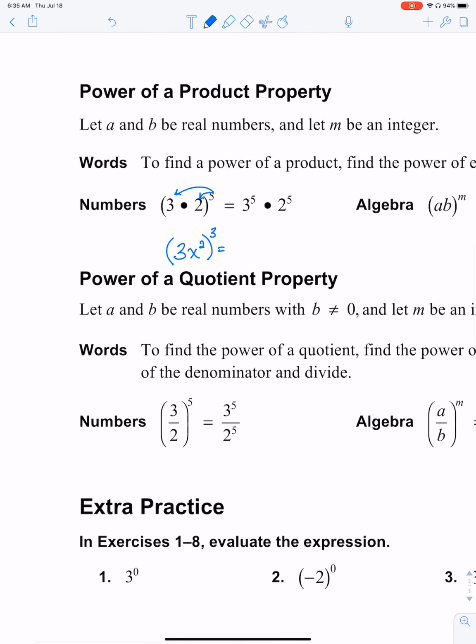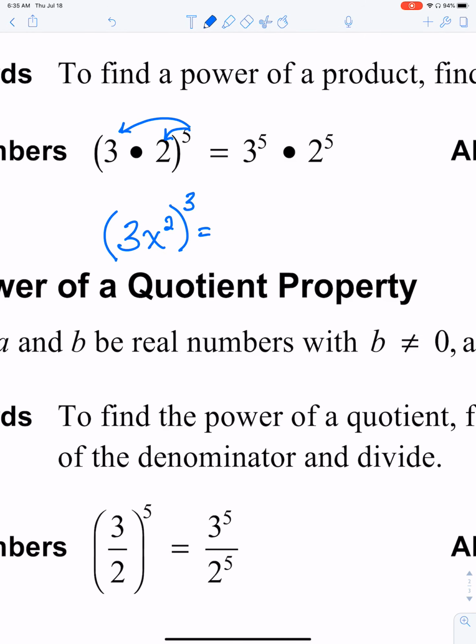You can now change that exponent to 3 to the third and x to the 2 times 3. 3 to the third power is going to be 27. X to the 2 times 3 is x to the fifth. And that's a lot simpler than dealing with something that looks as ugly as this one does.